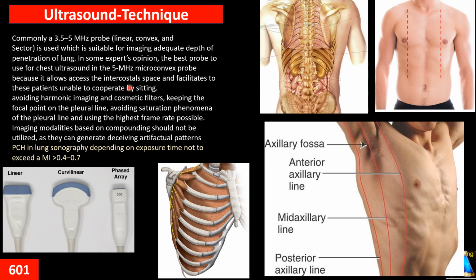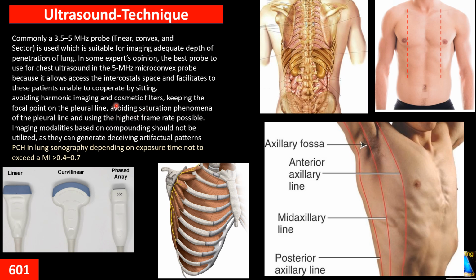Another important parameter that we have to keep in mind in ultrasound of the lung is pulmonary capillary hemorrhage. In animal studies, it has been shown that ultrasound can cause pulmonary capillary hemorrhage, but in humans, we don't have much information.